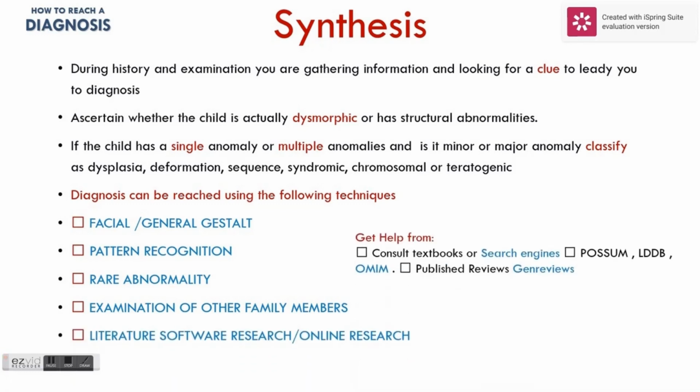ايضا literature review وسيرش for يعني findings that you found in the history examination it can lead you to a diagnosis. It could be a textbook زين or a search engine or software مثل Bosom or London the Oxford Medical Database.